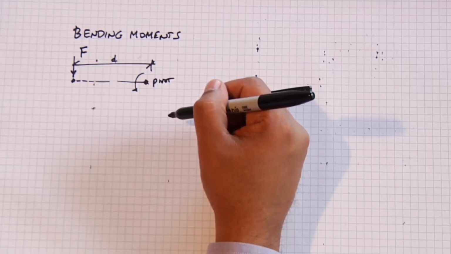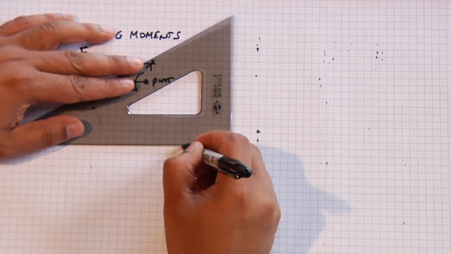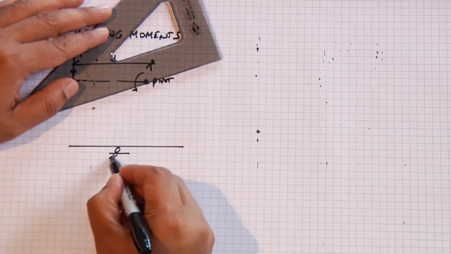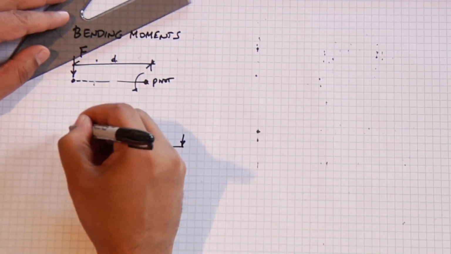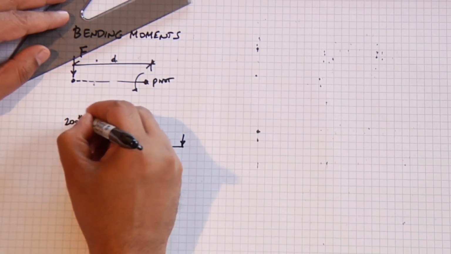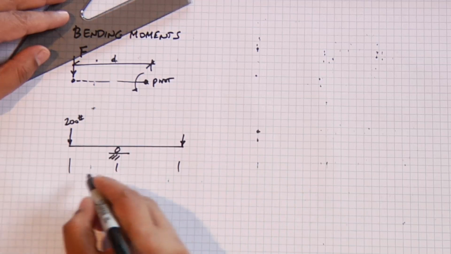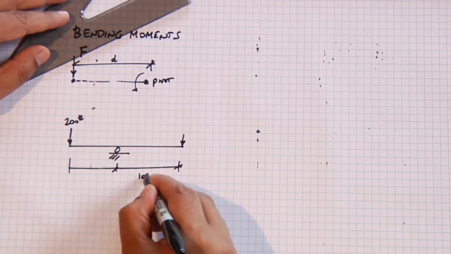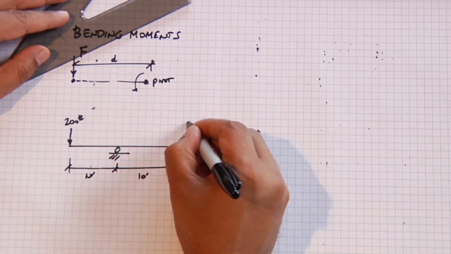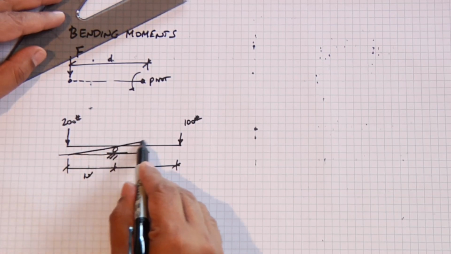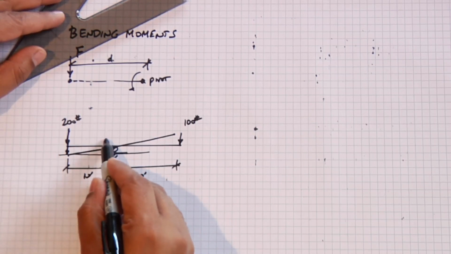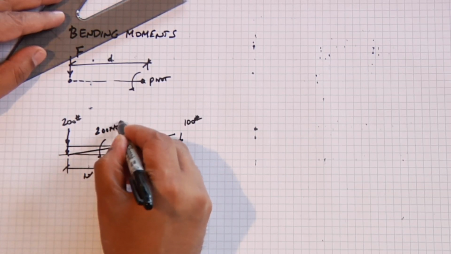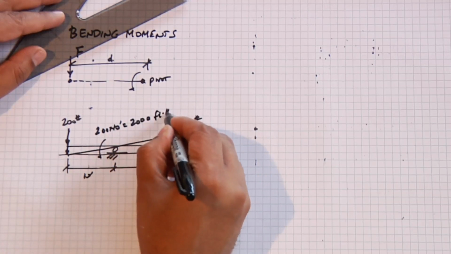The best example to understand bending moments is to think about a seesaw. When you have a seesaw, you have a person on one side and a person on another side. If the person on one side is 200 pounds, and let's say our seesaw is 20 feet long and each side is 10 feet, and the person on the other side weighs 100 pounds, the seesaw is going to tilt because the load from the 200-pound person produces a bending moment of 200 times 10 feet, or 2,000 foot-pounds.